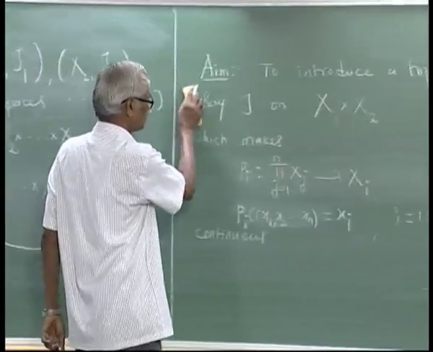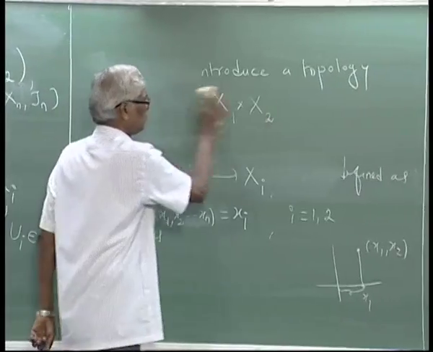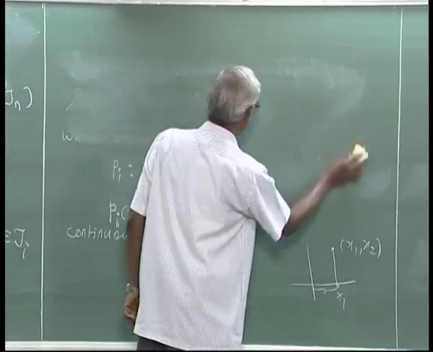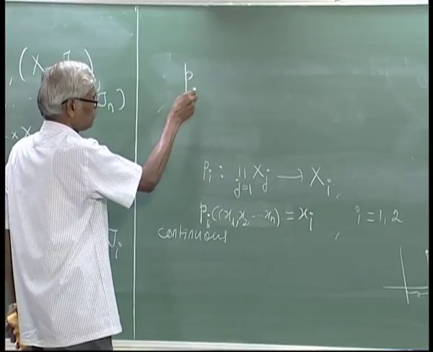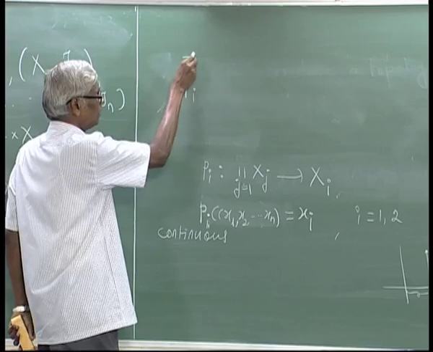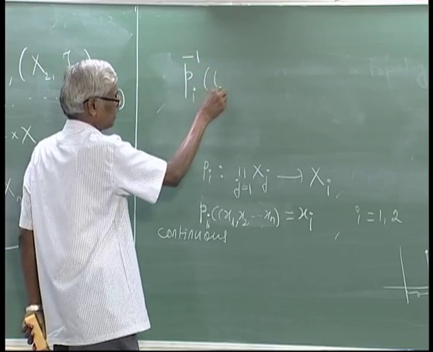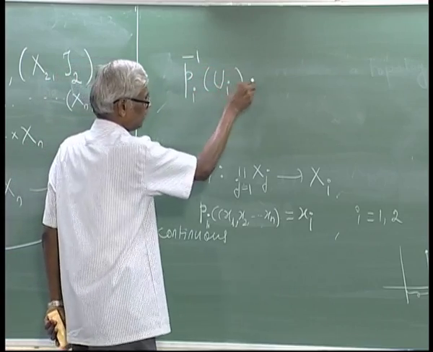Keeping this in mind, we define the collection first. What do we mean by Pi inverse of Ui?